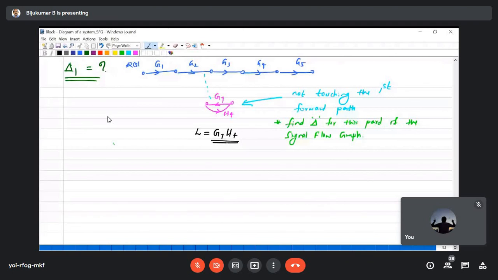Clear? If you have any doubt, please ask, because next class we will move to the next unit. The first unit is completed here. If you have any doubt, please ask.